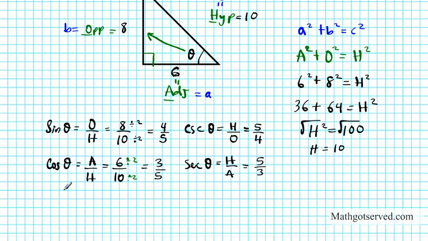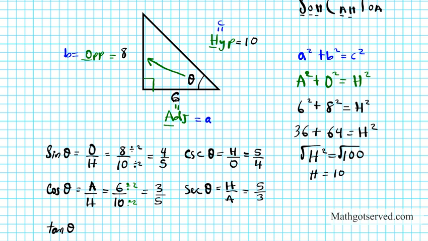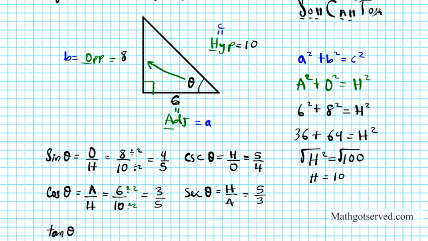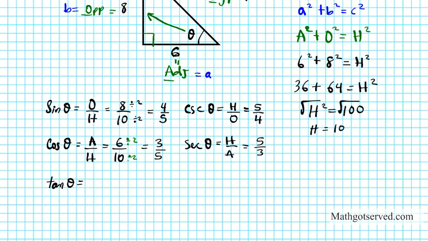The last two are tan and cotangent. Tan, we can get from looking at the last three letters of SOHCAHTOA, which is tan equals opposite over adjacent. The tan theta is going to be O over A. My opposite is 8 and my adjacent is 6.